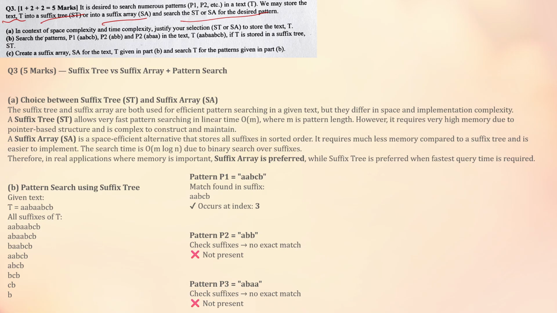The suffix tree and suffix array are both used for efficient pattern searching, but they differ in space and implementation complexity. Your suffix tree gives very fast pattern searching in linear time. It requires very high memory due to its pointer-based structure and is complex to construct and maintain.